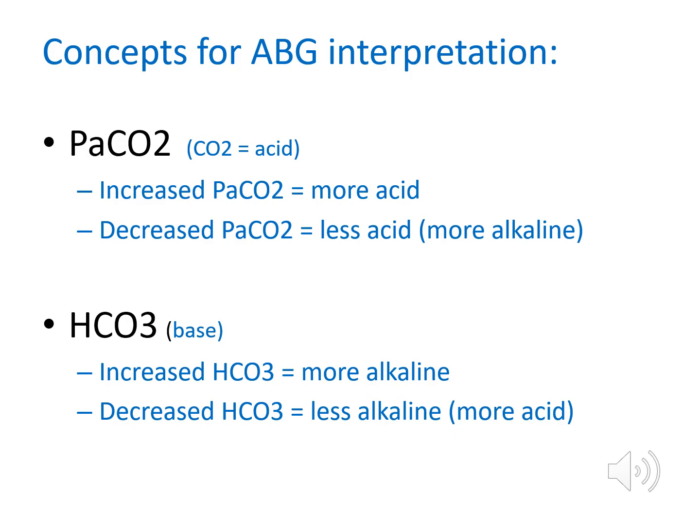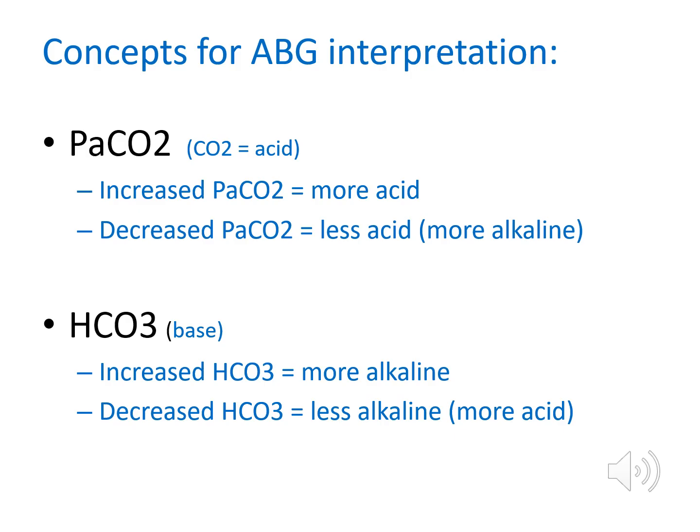So when you think carbon dioxide, you should be thinking acid. Okay, so if you have an increase in the PaCO2, that makes you more acid, right? Because CO2 is acid. If you have a decrease in CO2, that makes you less acid or more alkaline. Does that make sense? If you're not as acid, that means you're more alkaline. Okay? What about the bicarb?